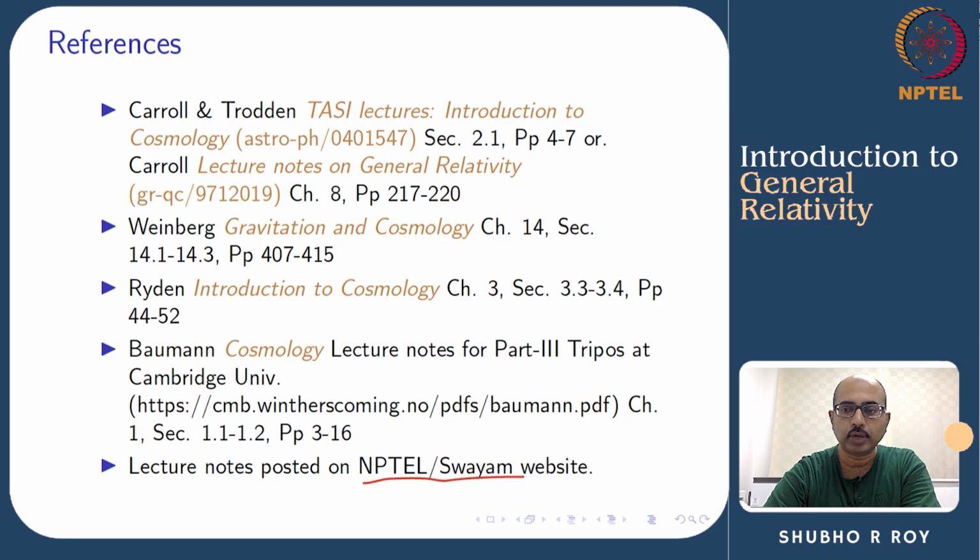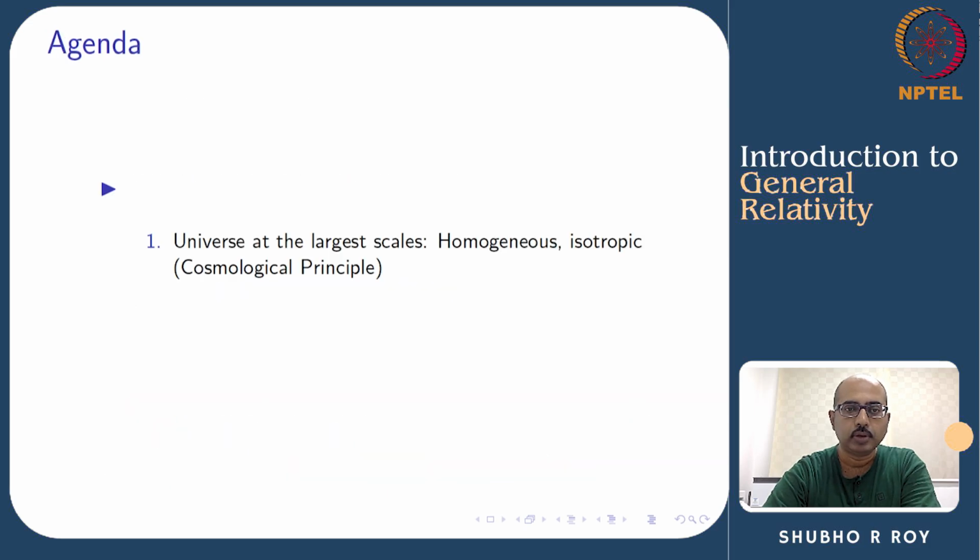All right, let's look at our agenda today. So the first item of the agenda is to look at certain observations we make while looking at the universe at the largest scales, namely homogeneity and isotropy, which is packaged into something which we call the cosmological principle. We will look at the implications of this for the spacetime metric, which we can write down for this.